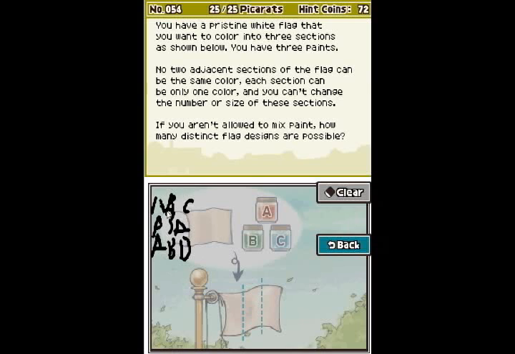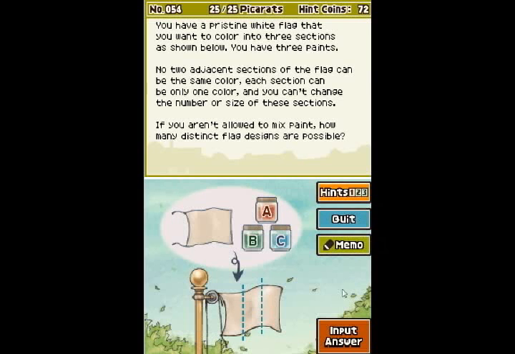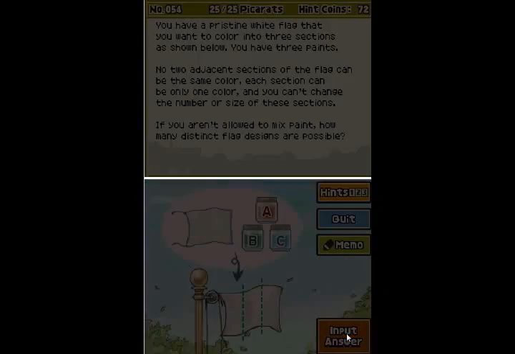Then we go D. So each one has... A, C... A, D... Okay, so each color we begin with can have 9 distinct designs. And there are 4 colors to begin with, so that leaves us with 36 designs.